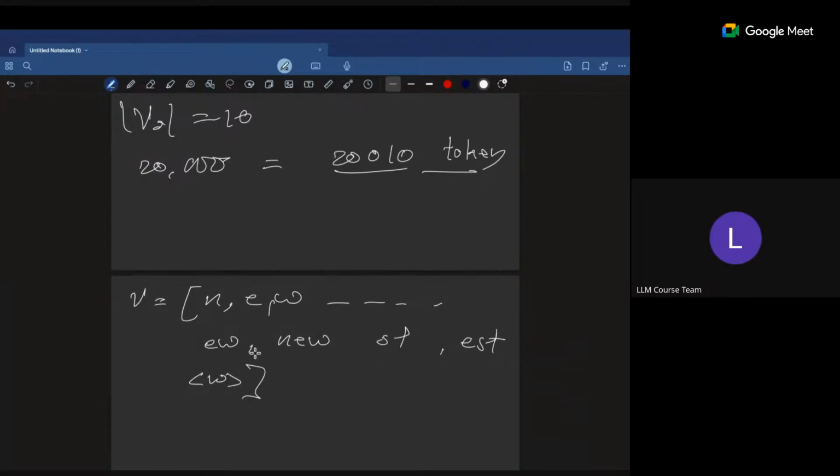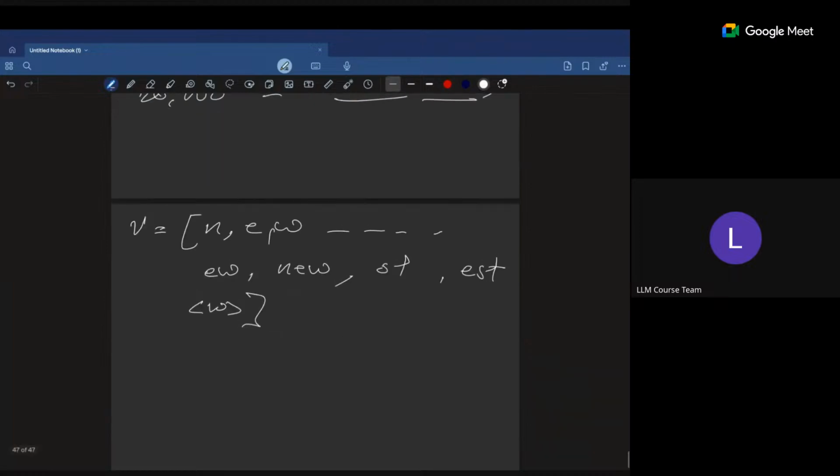So now let's say a new word comes, a word which wasn't in the corpus during the training time. Let's say the word rarest.